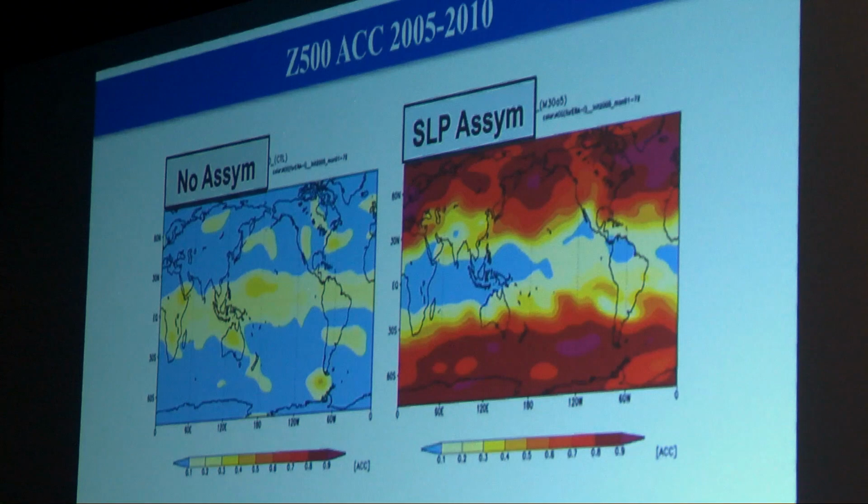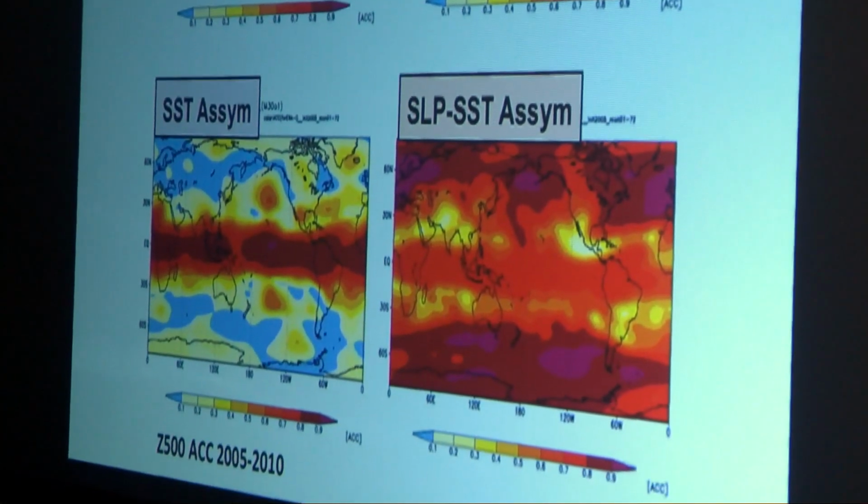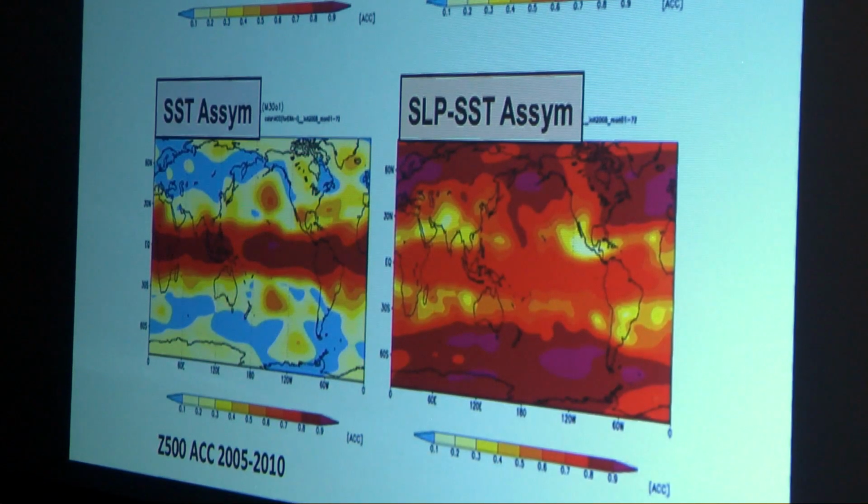And if you introduce a surface observation in the ocean, sea surface temperature, then as you can expect, the tropical atmospheric upper air variability is improved. Are they monthly correlations? Monthly, yes, monthly anomaly correlation coefficient.